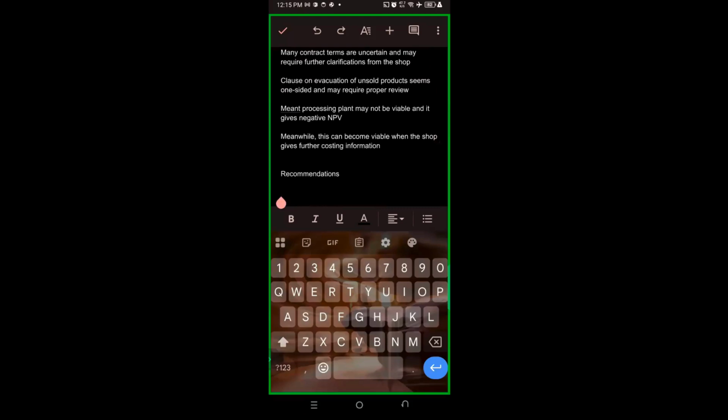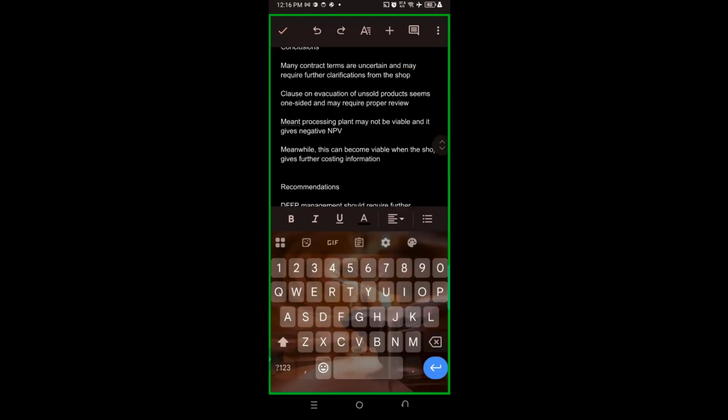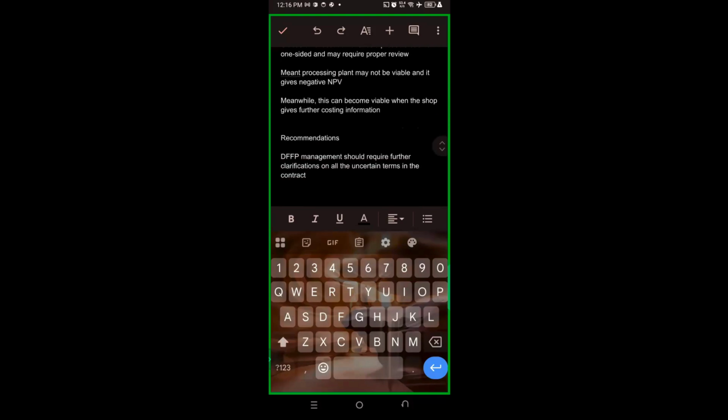So DFFP management should require further clarifications on all the uncertain terms in the contract, including the clause on evacuation.